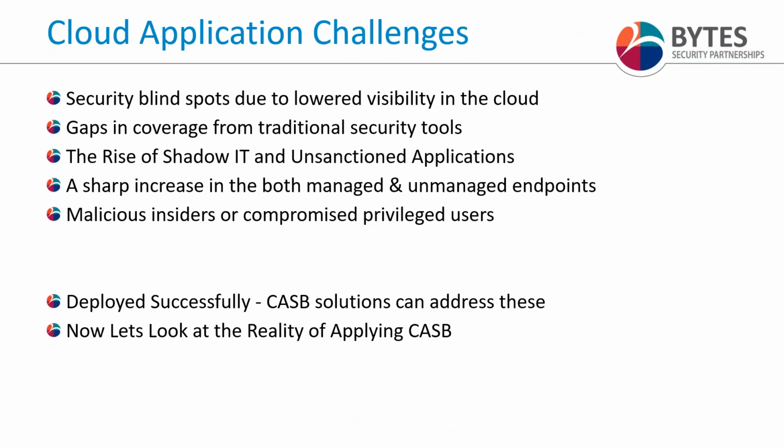Why are we increasingly being asked questions and talking to customers about CASB and cloud applications? It's fair to say that there's lowered visibility in the cloud of what your people within your businesses are doing and the risks that are happening. Traditional security tools are leaving gaps in coverage and security blind spots, many of which lead to increased vulnerability in organisations.